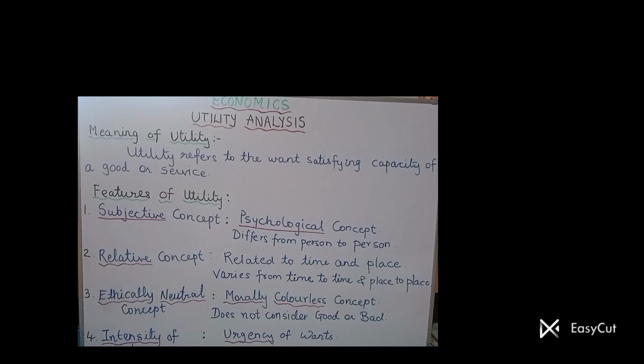Features of utility. Number one, subjective concept. Utility is a subjective concept. It means it's a psychological concept. Utility of any commodity, any product or service differs from person to person. Why does it happen?